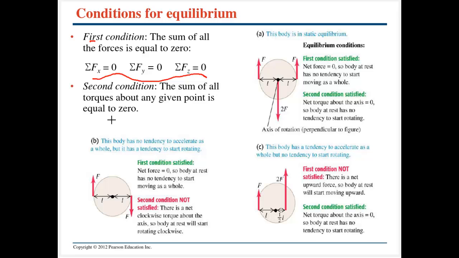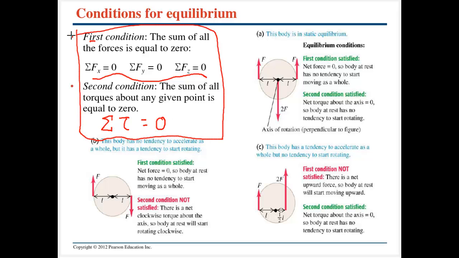The second condition is going to use the concept from Chapter 10, the concept of torques. An object will not be accelerating if all of the torques are equal to zero. So there can't be any linear acceleration and there cannot be any angular acceleration. So these are the two conditions for equilibrium. So very important slide, by the way.